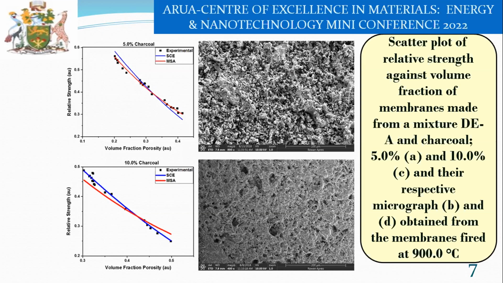We were able to see that when we add charcoal 10%, we compromised the strength of the material, but at 5%, it was able to give us more porosity. But unfortunately, as other papers have reported, this gave us very minimal efficiency in terms of decontaminating the water.